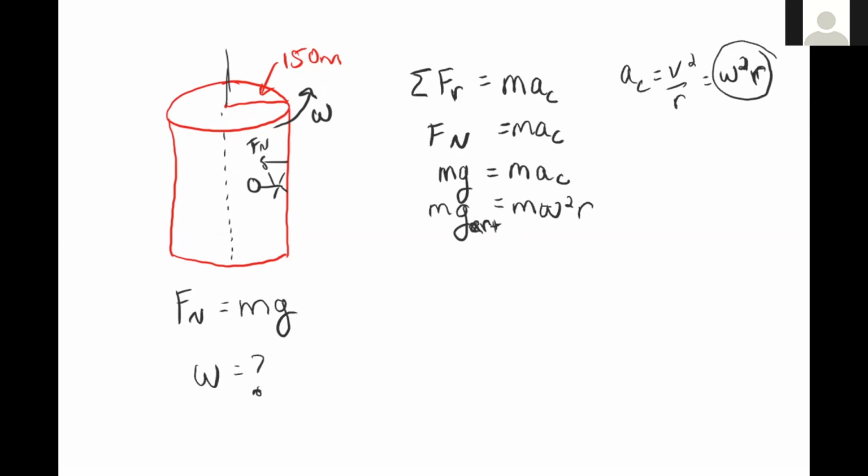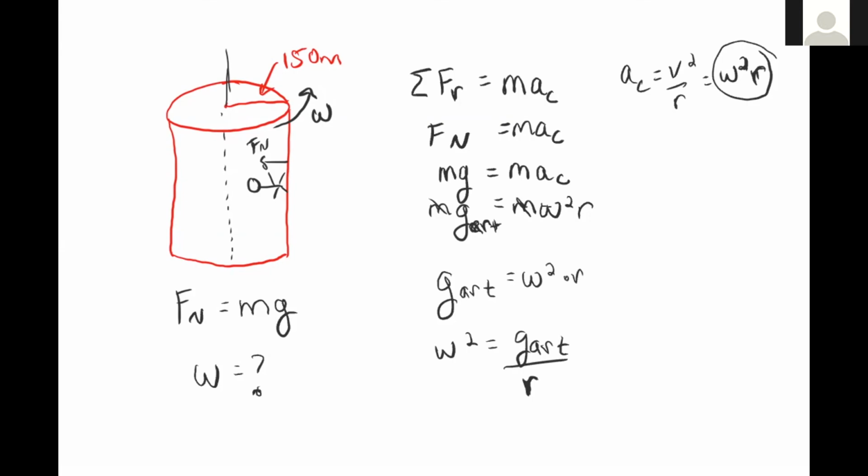We're trying to spin the spacecraft fast enough that we can match the acceleration due to gravity on Earth. And we see in this equation that on both sides, the masses cancel. So what I'm calling artificial gravity equals our angular speed squared times the radius. So angular speed squared is equal to our artificial gravity divided by the radius of our spacecraft.